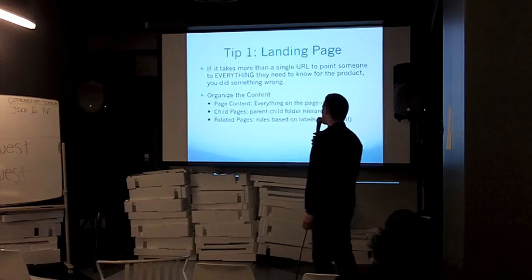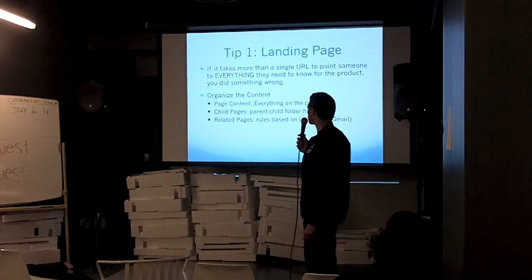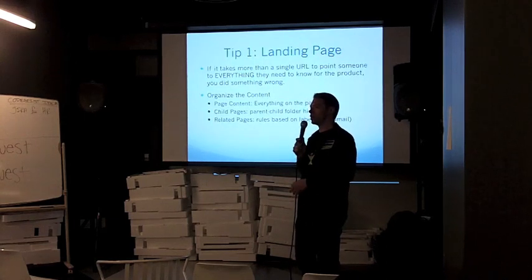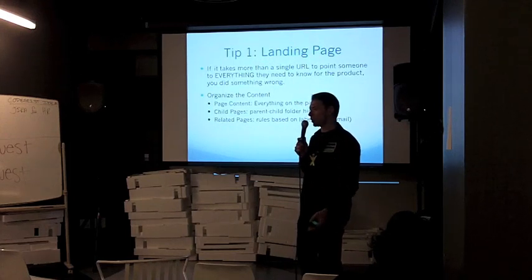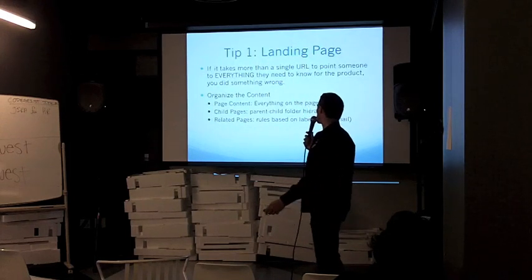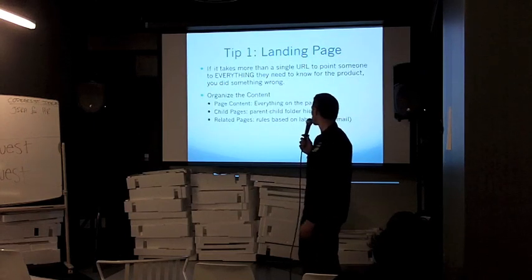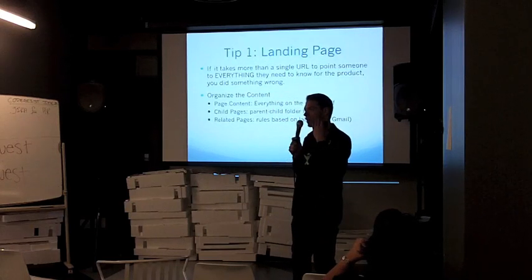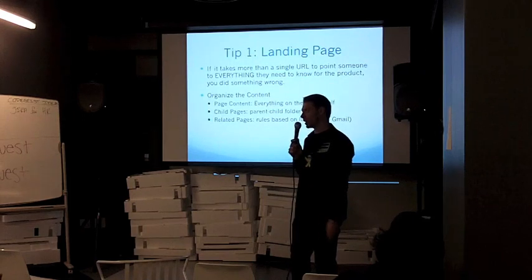Now, within a landing page, there are pretty much 3 different components that I'll go through. One is page content. That's obviously you click edit, you go through, you add content, images, flow charts, and all that. Then you also have child pages. Child pages follow a parent-child folder hierarchy, where you have pages, within that you have subpages, and within that you have more subpages.